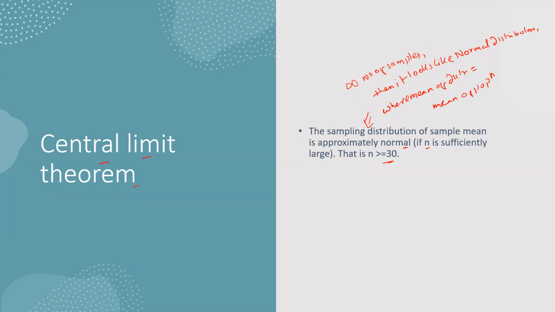If we have this condition, then the sampling distribution of the sample mean will also be normal, provided your n, the number of samples, is greater than or equal to 30. So this is the central limit theorem. What is the central limit theorem is often asked as an interview question.